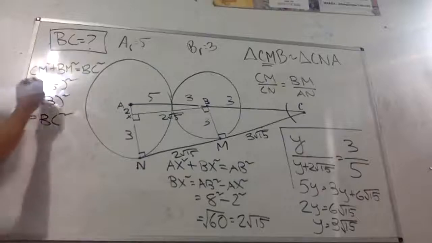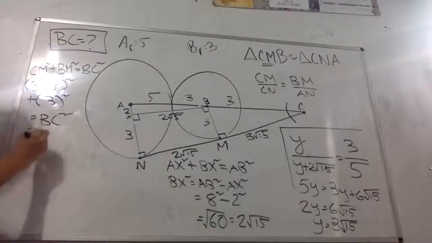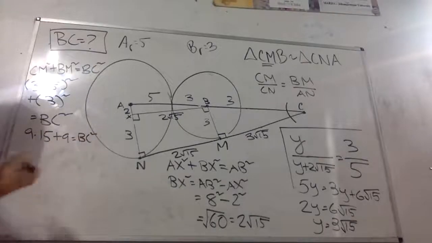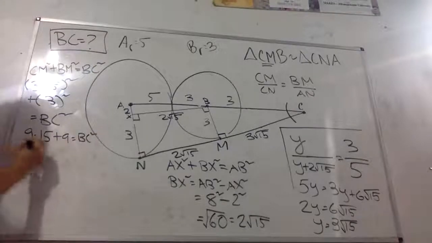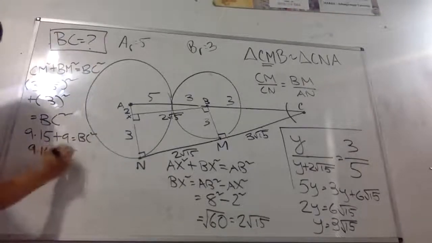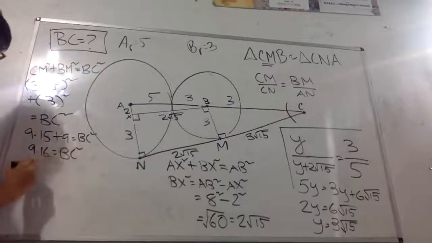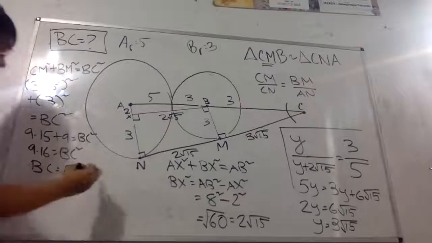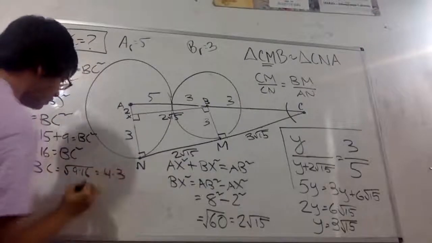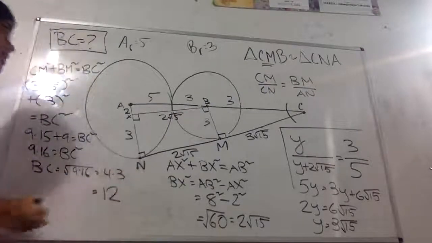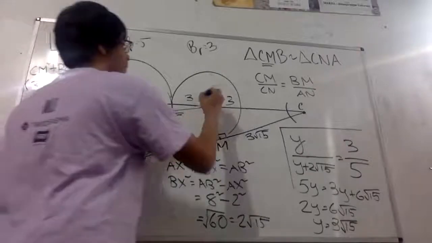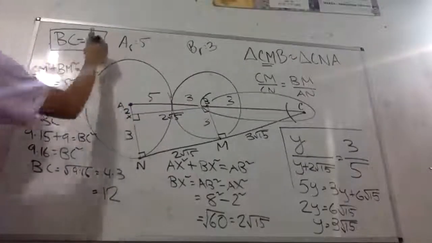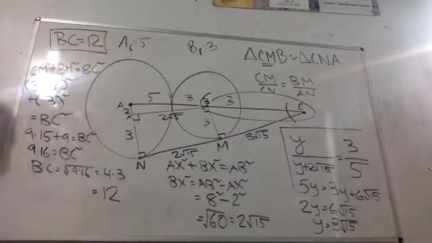So we have 3 root 15 squared is simply 9 times 15, plus 9 is equal to BC squared. Now, if you factor out 9, you get 9 times 16 is equal to BC squared. So BC is equal to the square root of 9 times 16, which is 3 times 4, which is 12. So that means BC is 12, and we have our answer. So BC is equal to 12.